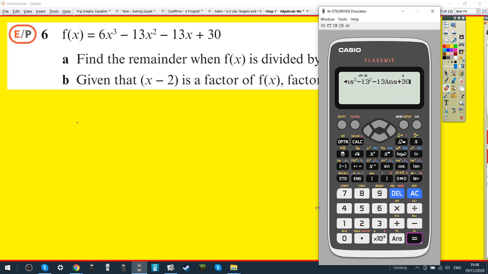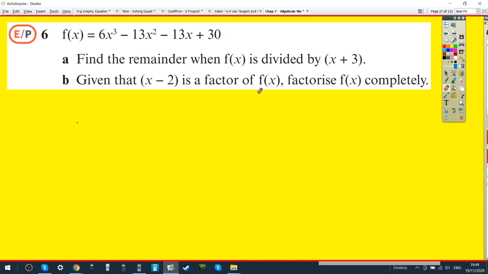Minus 210. I got it wrong somehow. There it is. Hang on. I forgot to press answer. There we go. That's it.